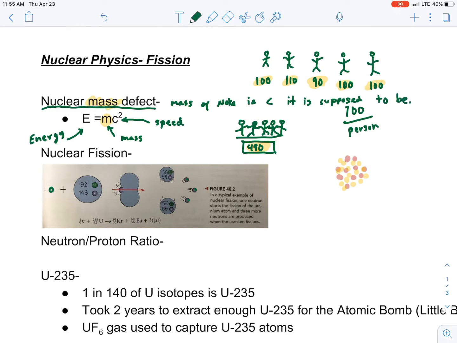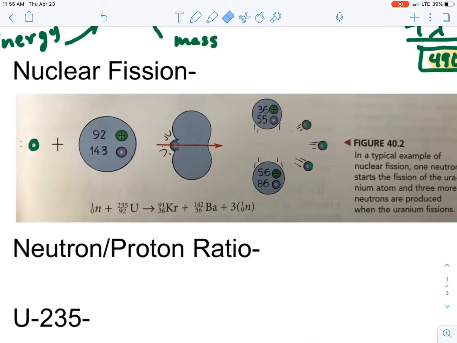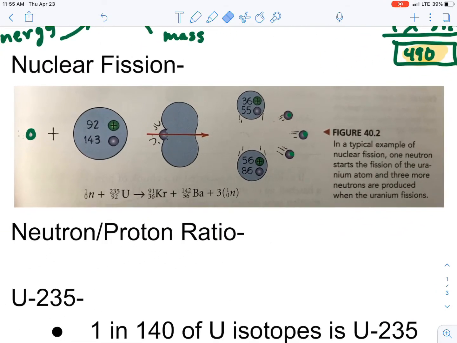Does that make sense? I hope that makes sense in common terms there. So the mass of the nucleus is less than it's supposed to be, and that lost mass is what we think of as the energy. Okay, so let's talk about our first reaction, and that is fission. And fission is the splitting of the atom.